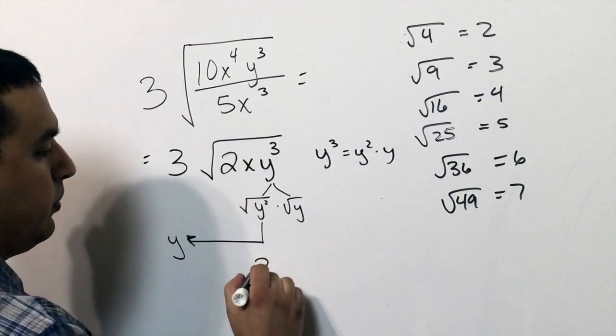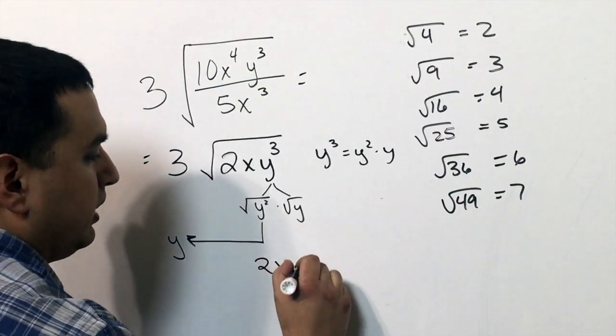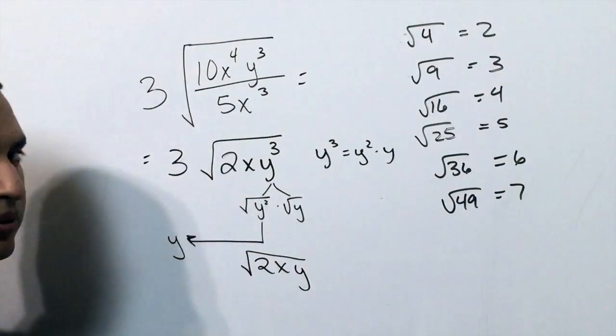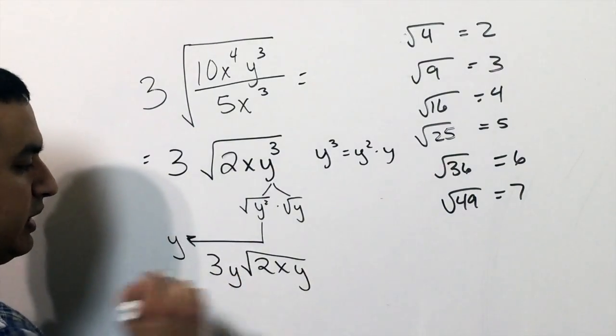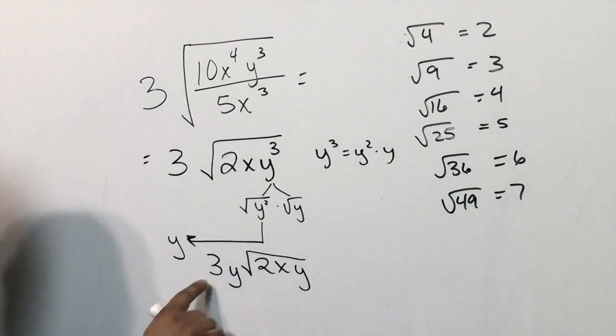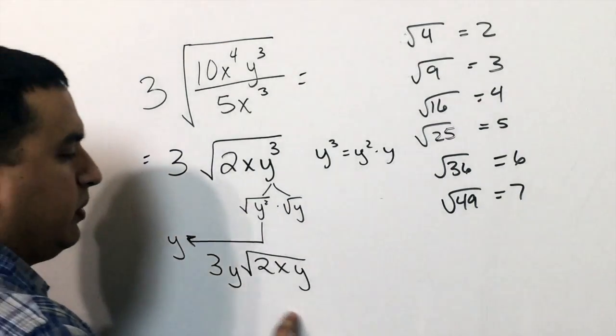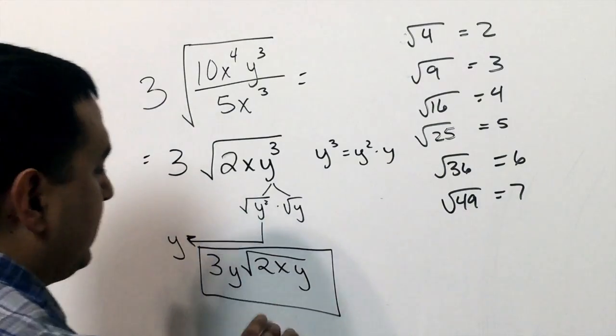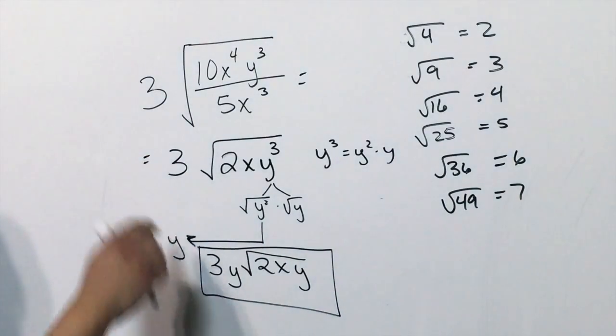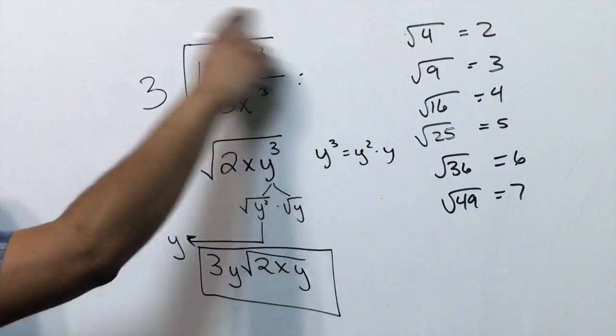And then the 2, the x, and this y stay inside the square root. There's a 3 that was already outside times this y that came out. And so we would have 3y times the square root of 2xy. So that would be the simplest form, or the simplified version of this craziness right here.